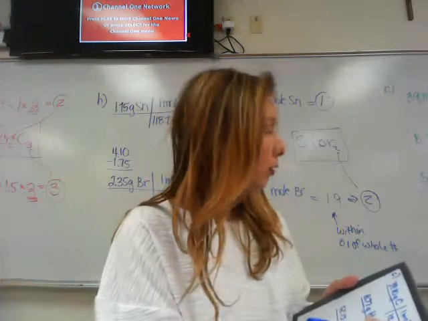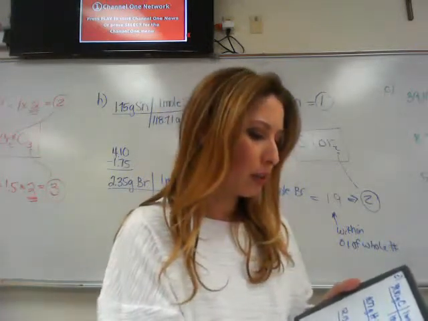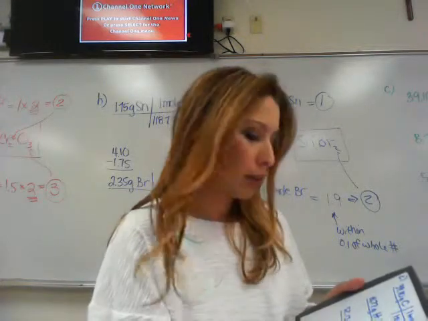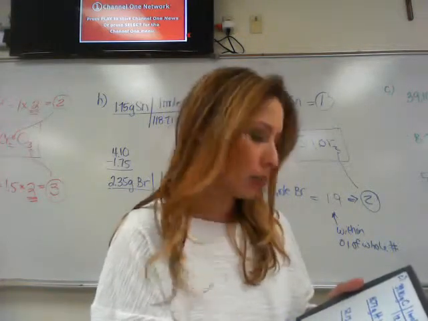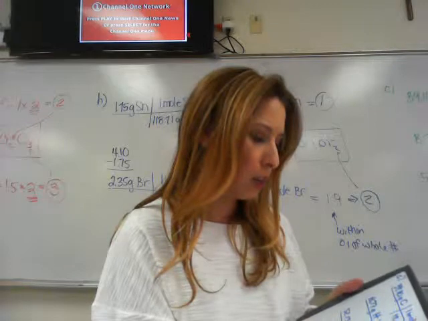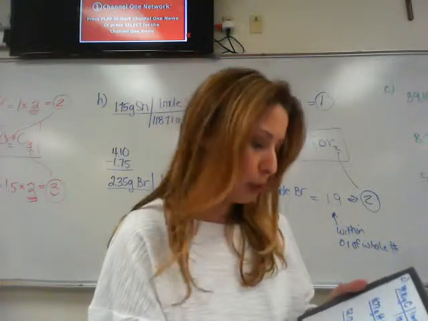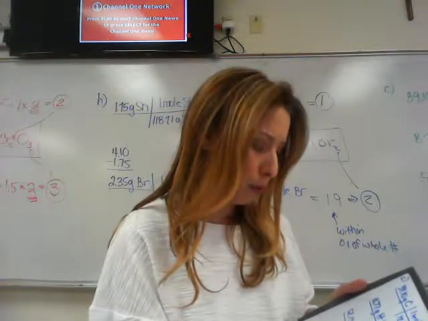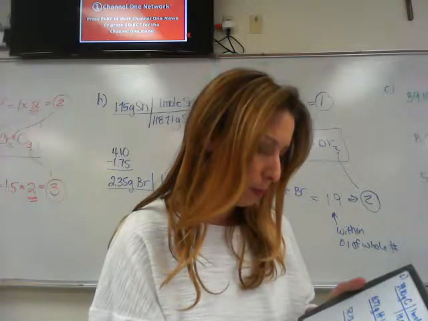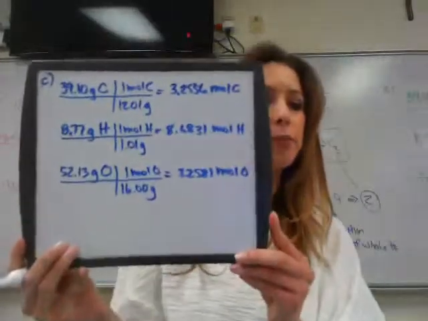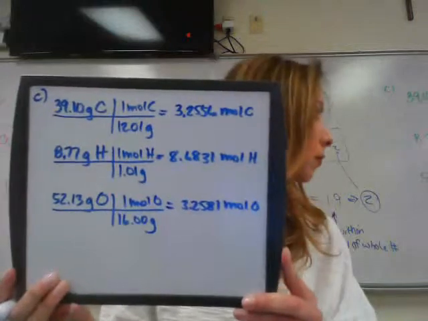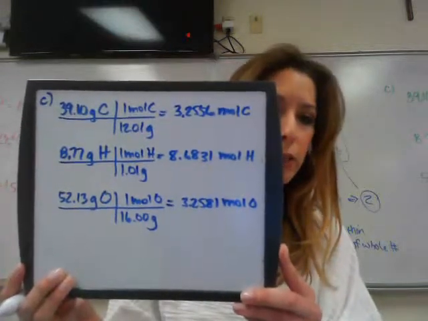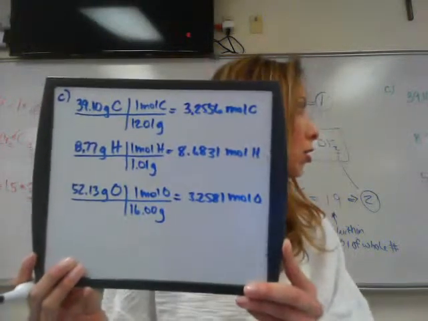Okay, once you convert these to moles, you're going to get 3.2556 moles of carbon, and you're going to get 8.6831 moles of hydrogen, and 3.2581 moles of oxygen. So it'll look like this. Now you're going to want to divide by the smallest mole, which is 3.2556.